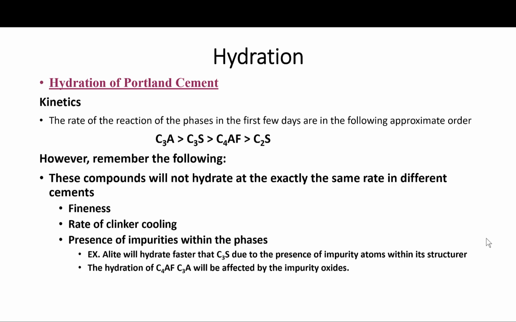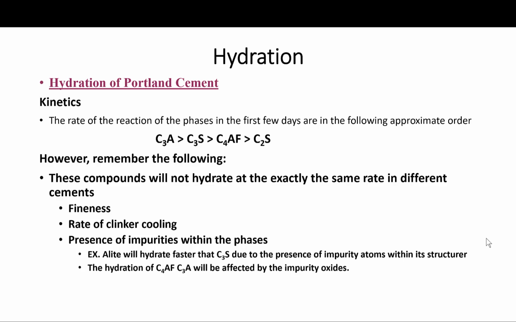It must be remembered, however, that none of these compounds will hydrate at exactly the same rate in different cements, because their reactivities will be affected by the differences in fineness between the cements and the rate of cooling of the clinker. The rate of cooling is not constant for each batch of cement, so you have to remember.